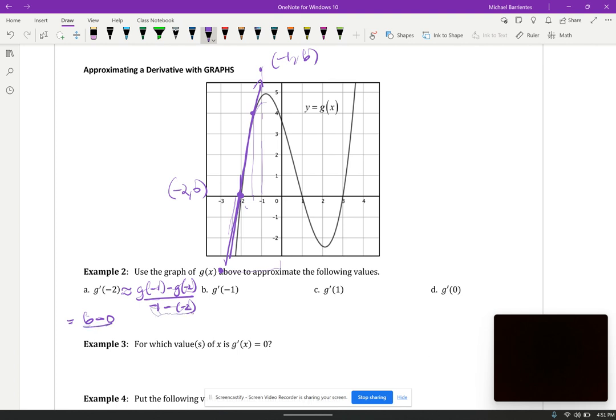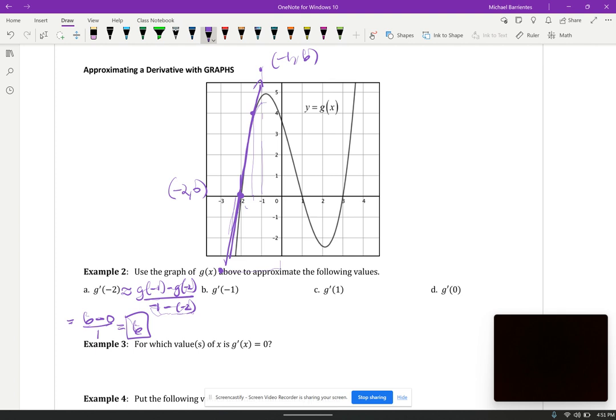Well, -1 minus -2 is really just 1, and so my approximation is 6. So we're saying that the slope of this purple line is about 6. Is it? Well, we can argue whether that's close or not, but again, we're looking for an approximation, right? An estimate to see where it is.